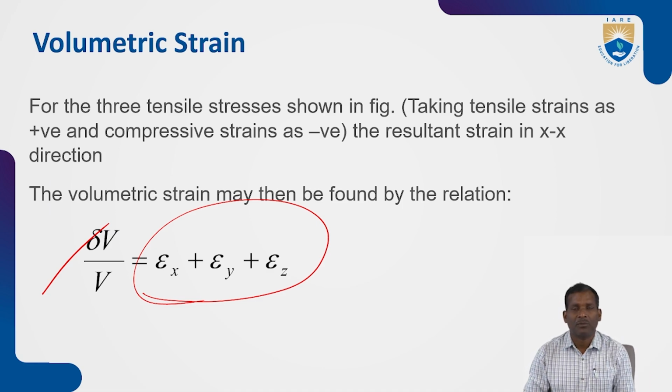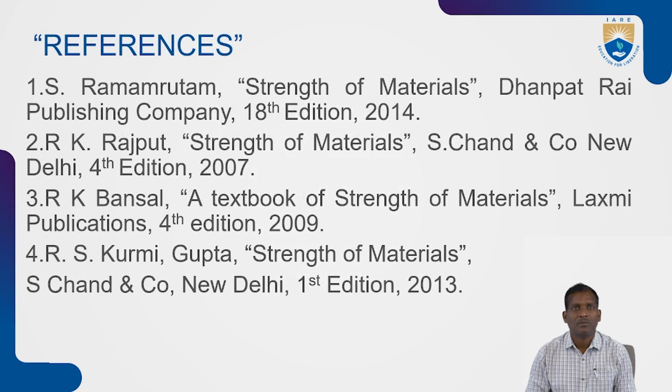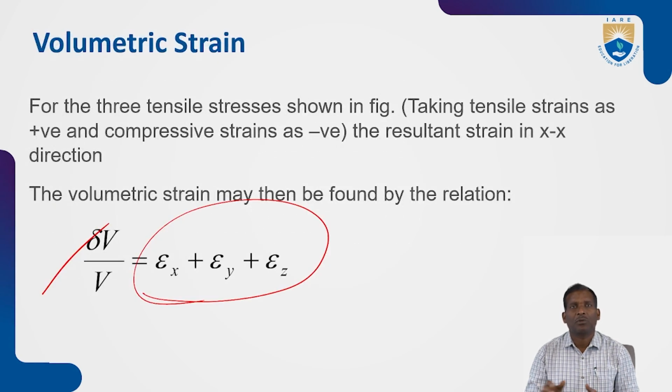The algebraic sum of three strains will give the volumetric strain. So like this, we derive the relations between these three. These are called material constitutive relationships: Young's modulus E, modulus of rigidity G, and bulk modulus K.